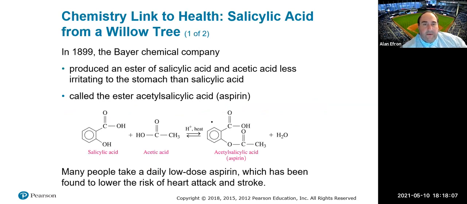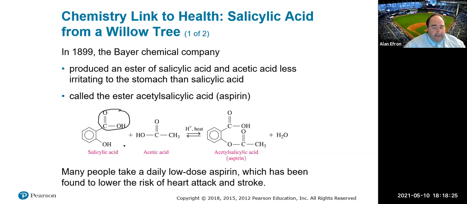So let's take a look here at what we got. Salicylic acid is basically aspirin, and you can see it is a carboxylic acid, as you can see here. And you can make an ester by doing that with acetic acid. Same reaction, even though it may look scarier.